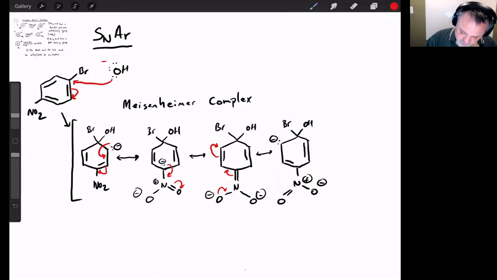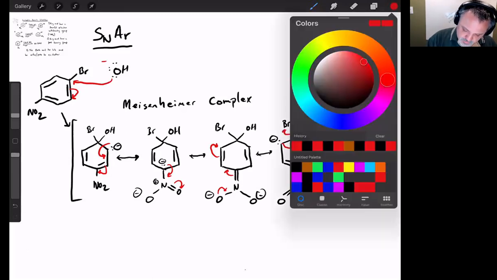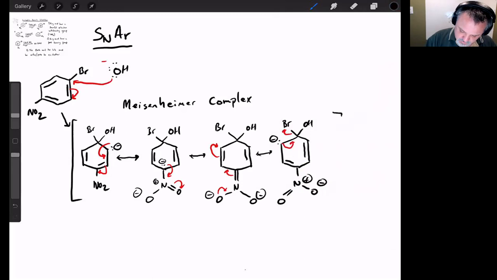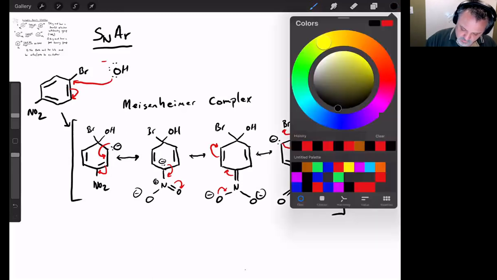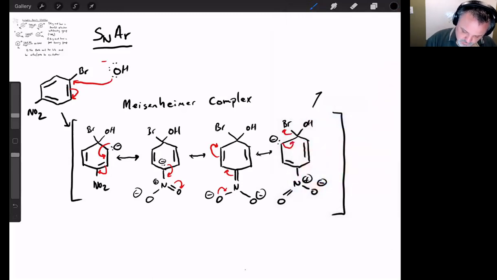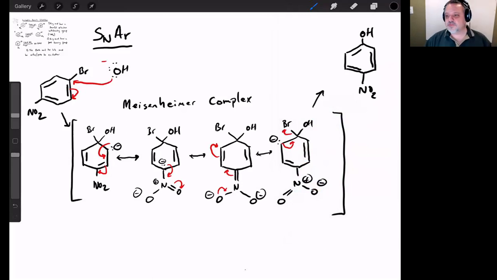And so I'll show this final step, where I push off the bromine and accomplish the overall substitution.